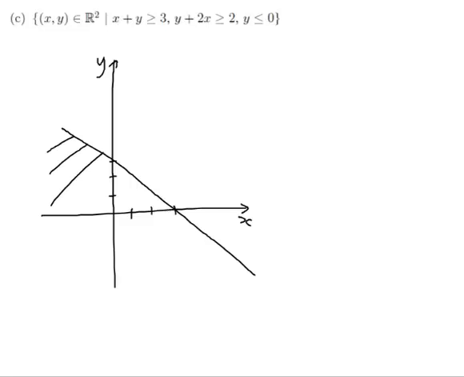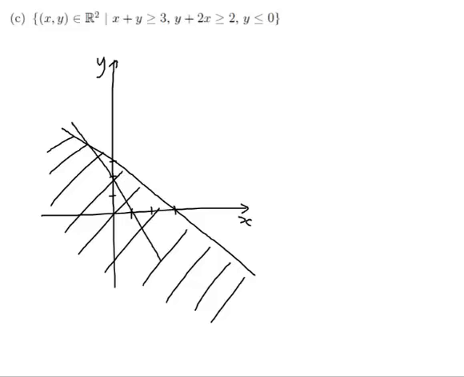So let's cross that out. And the next line was y plus 2x is greater than or equal to 2, which was this line, like that. And we want it to be greater than 2, so we don't want the bit underneath. So I'll cross out that bit.